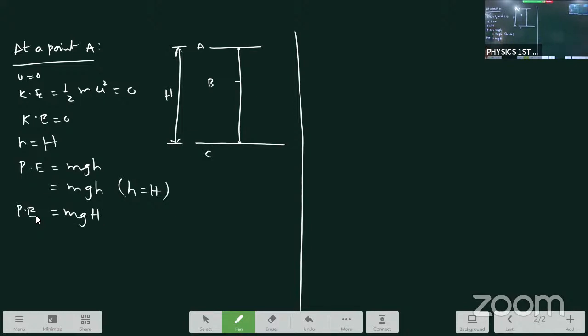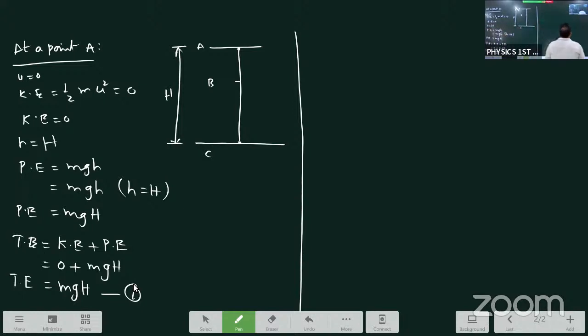Then we can find the total energy, which is kinetic energy plus potential energy. Kinetic energy 0 plus potential energy mgH, so the total energy at point A is mgH.